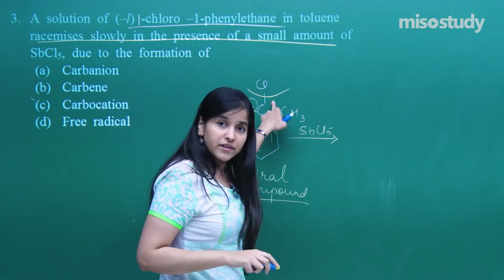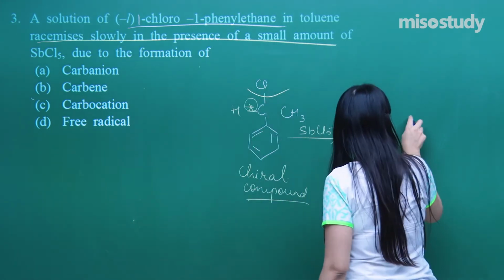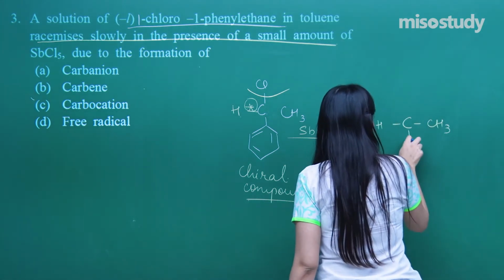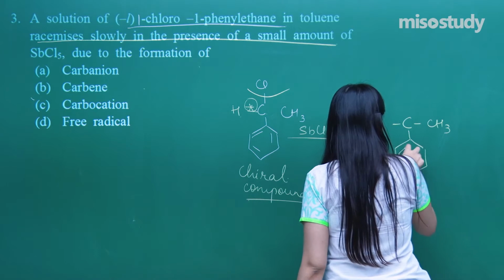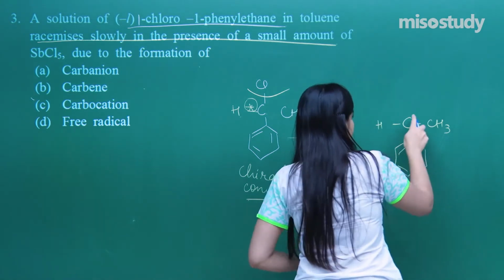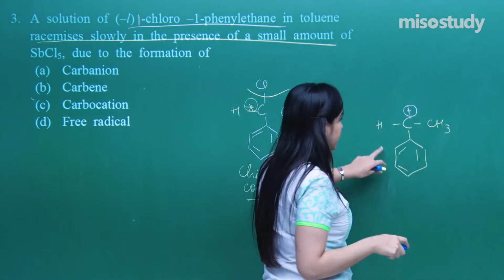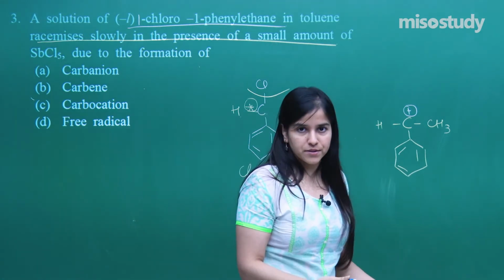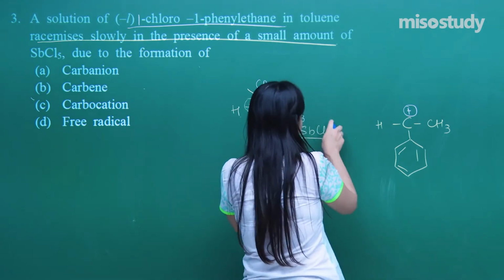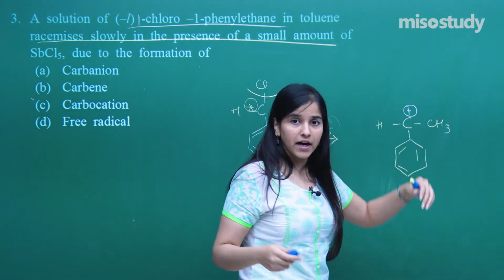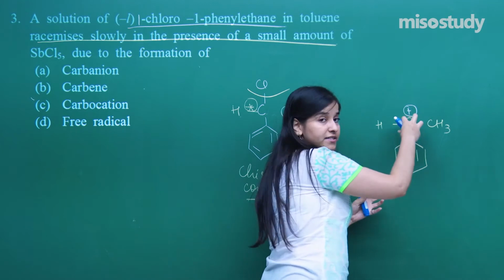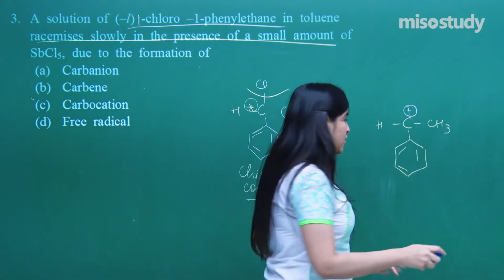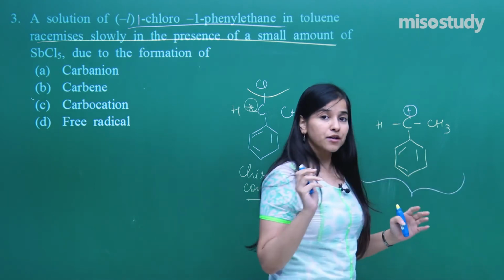Firstly, this chlorine will go off, that is the intermediate which is formed. And this is a carbocation. So this very carbocation is now going to racemize. That means the attack of the chlorine can be on either side. It can be from the front side or from the back side in order to have a product. So that is what our intermediate is.